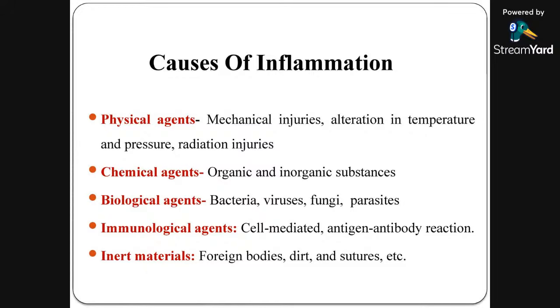Chemical agents include organic and inorganic toxins. Biological agents: bacteria, viruses, fungi, parasites. Immunological agents like cell-mediated and antigen-antibody reactions. Inert materials: foreign bodies, dirt and sutures, etc. Inert materials are indirectly associated with inflammation.